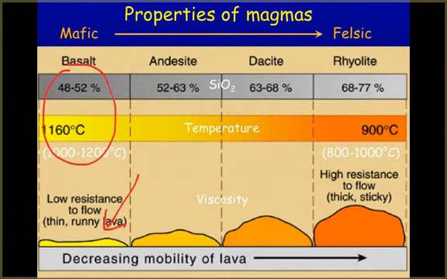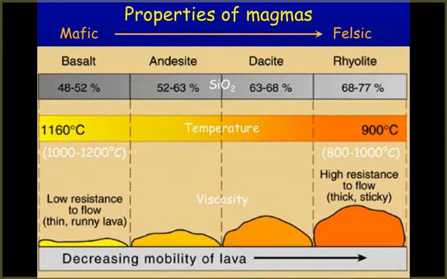This is not very viscous. It's a low viscosity lava. Viscosity is a term that describes resistance to flow. And so basalt, with its low viscosity, is going to be runny, spread out over large areas, and form things like shield volcanoes, like the volcanoes of Hawaii.